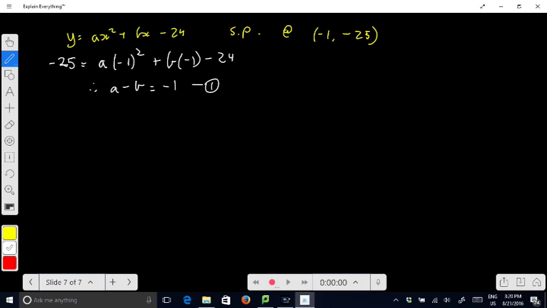Now we know that the point (-1, -25) is a stationary point. So we can say dy/dx is equal to 0. If we find out what dy/dx is, we get 2ax + b.